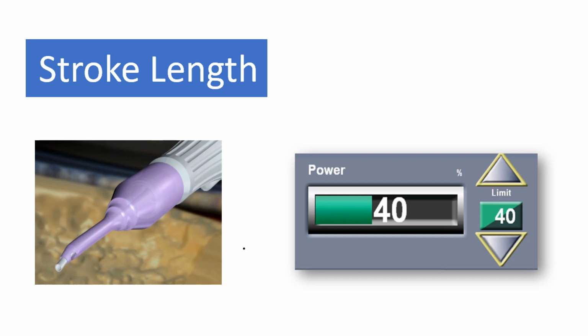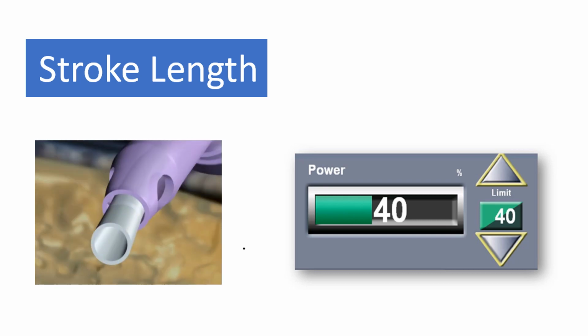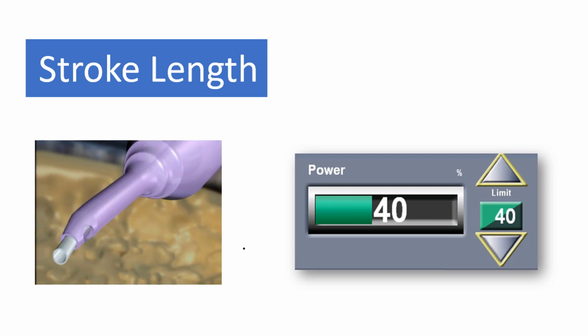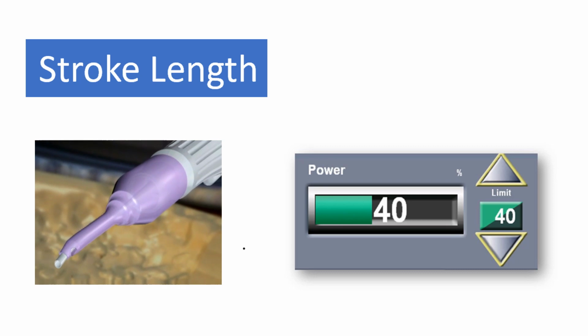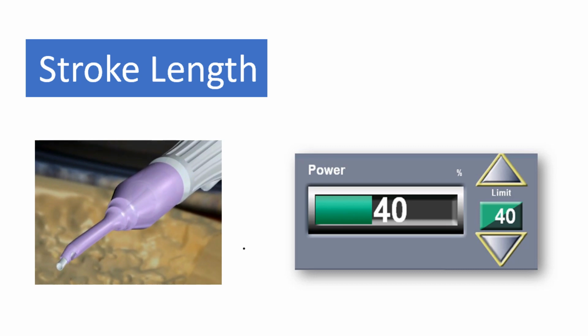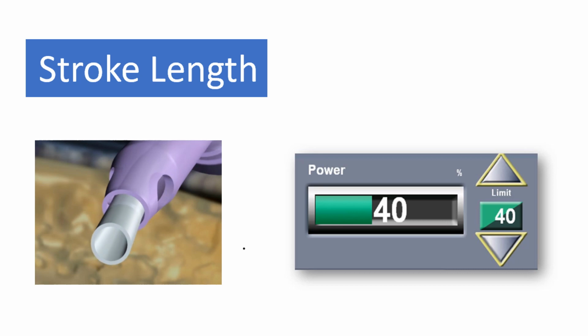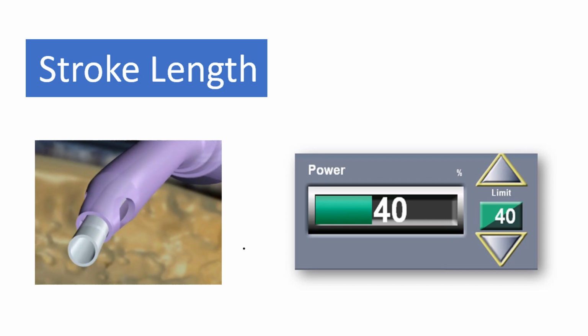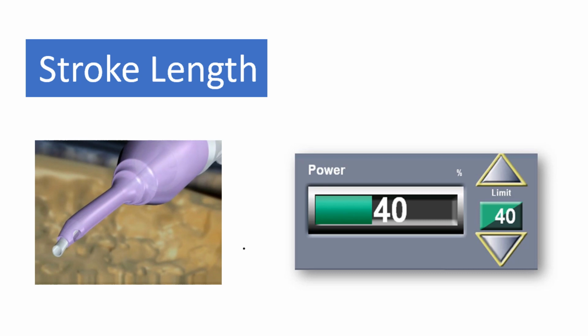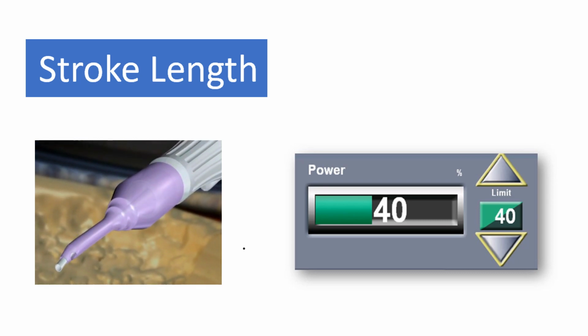The tip is then actually moving 36 microns, because that is 40% of 90 microns. At 100%, the tip travels 90 microns for that company's machine. So if you are choosing 40% of power, in this case, the tip will have a stroke length of 36 microns inside the eye.